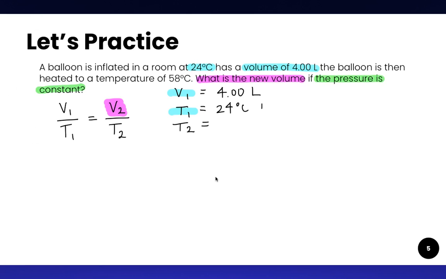We're going to have to add 273.15 in order to get that into a Kelvin temperature, which is 297.15 Kelvin.